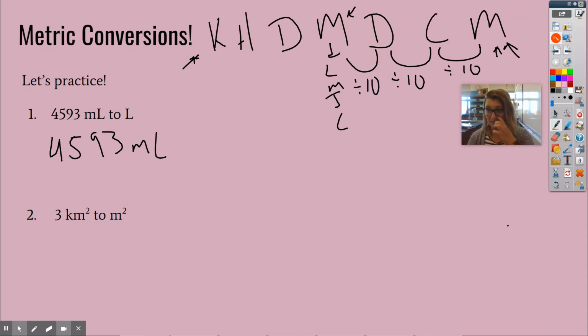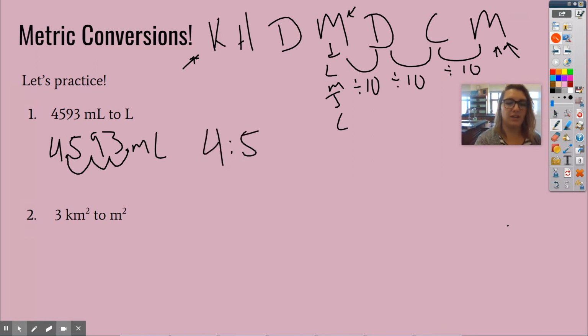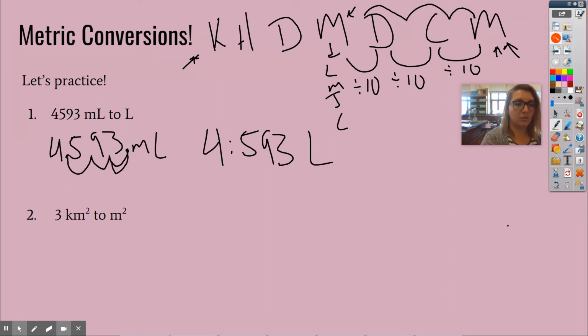An easier way to do this, instead of dividing, is to just move the decimal. We started with 4,593. If we divide by 10, we move the decimal one place. Divide by 10 again, that gives us centimeters, then decimeters. Divide by 10 again, we're at 4.593 liters. So an easier way to do this is just to count. We moved our decimal 1, 2, 3.